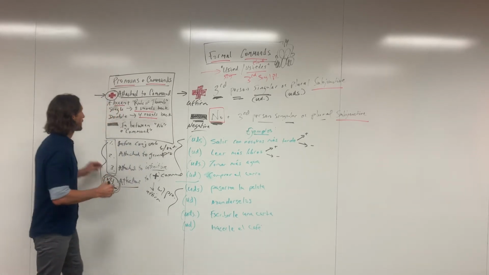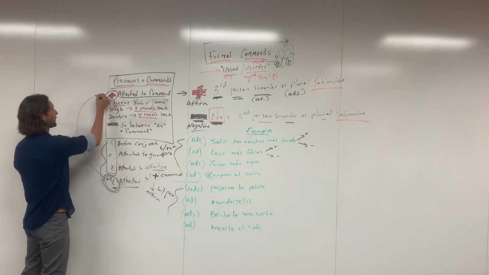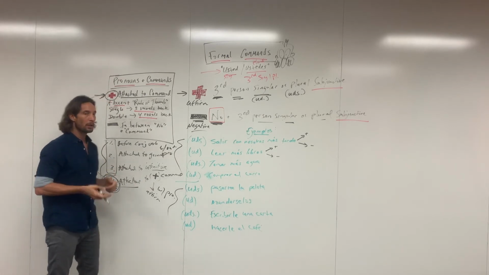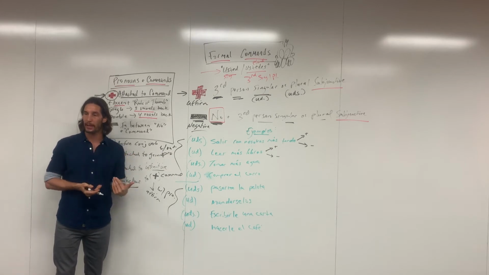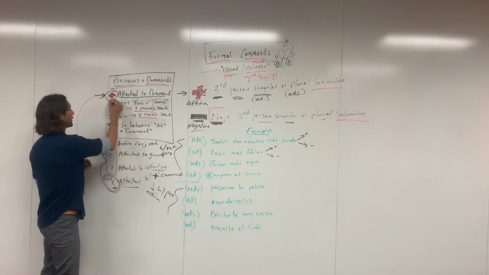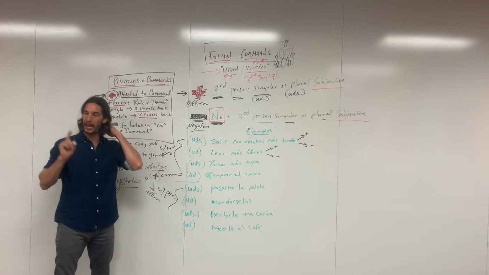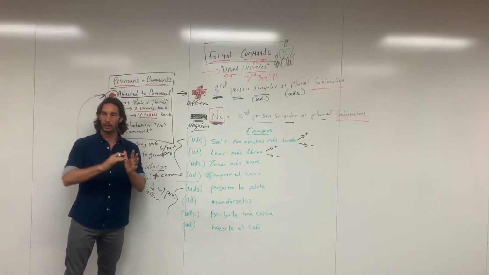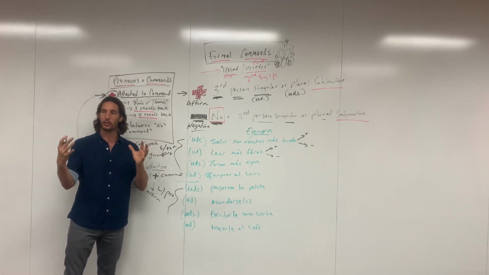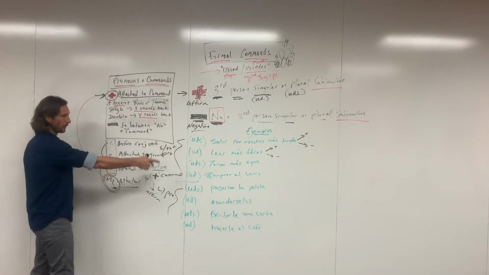So for pronouns with commands, in the affirmative you attach it to the command itself. In other words, it goes on the back side of it, attached to the word. We'll talk about that when we look at these examples.